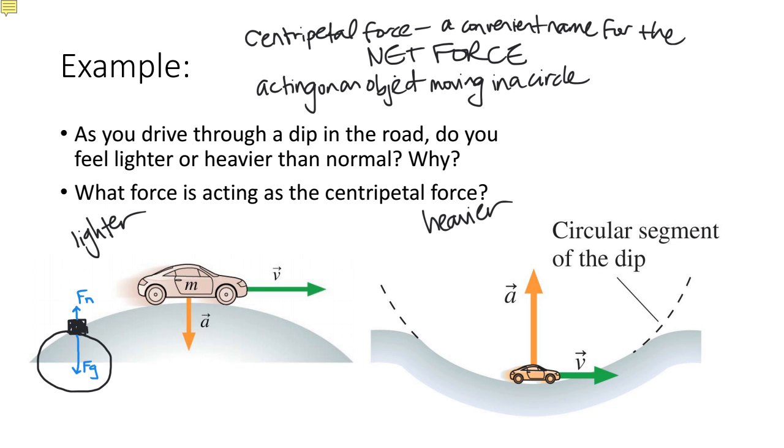And since your normal force is smaller than you're used to, you're going to feel lighter. The same is true at the bottom of the dip. The centripetal force, or net force, is going to be pointing upwards, which means the normal force upwards is larger than the force of gravity downwards, which means that you are going to feel heavier than normal.